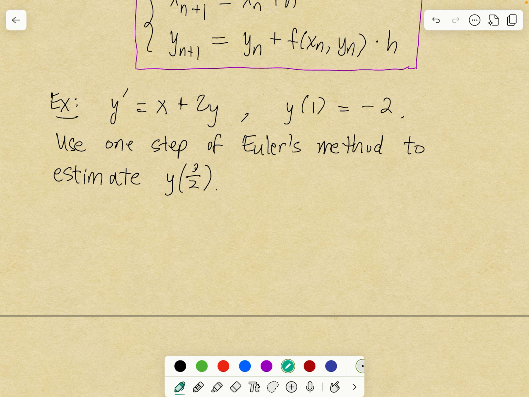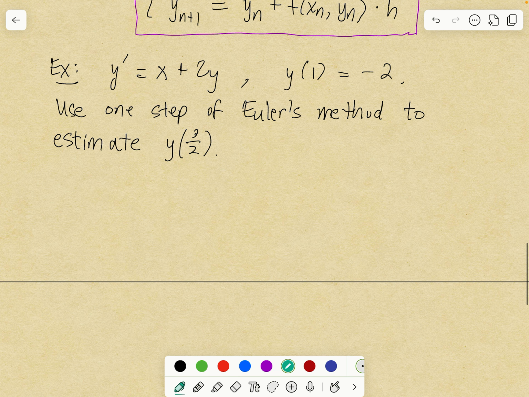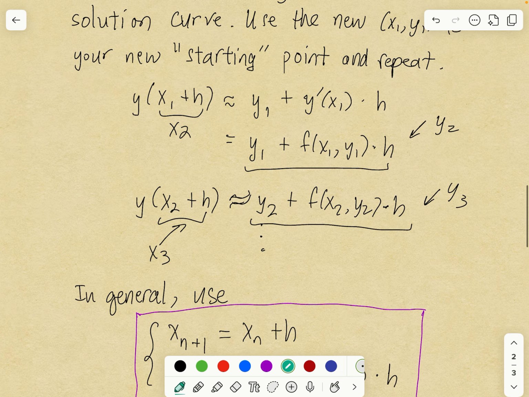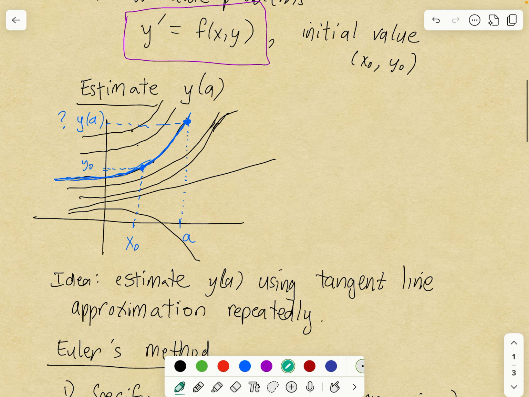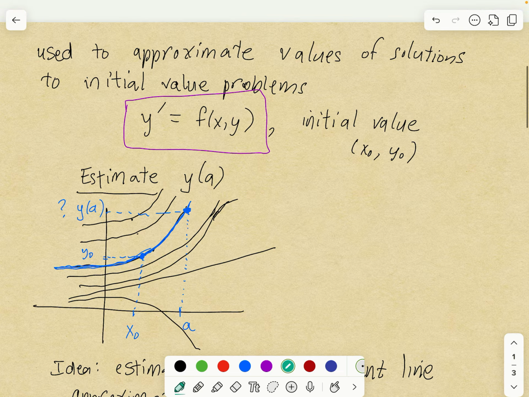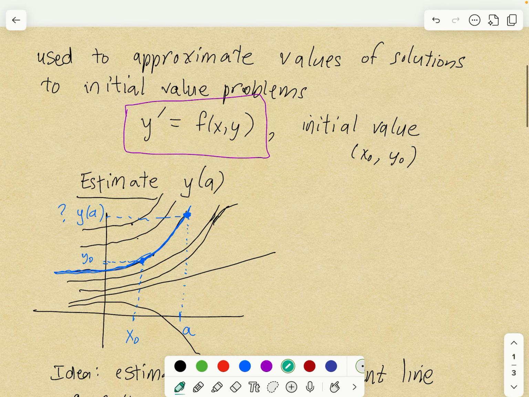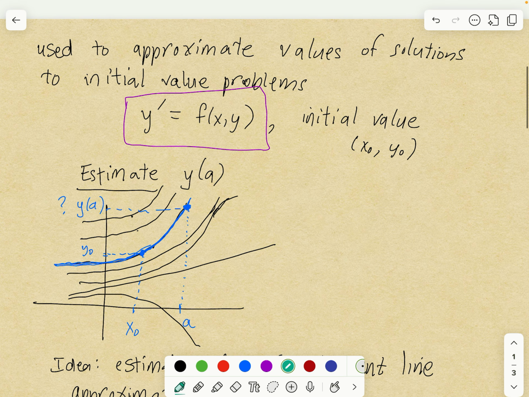Well, one step of Euler's method is just the tangent line approximation applied once. So we're really just using the tangent line approximation. So the first step is to find h, but before we even find h, let's understand how this example gives you these previous functions.